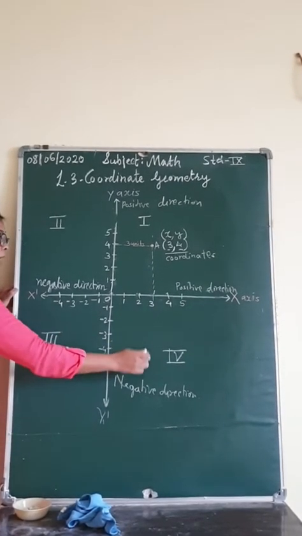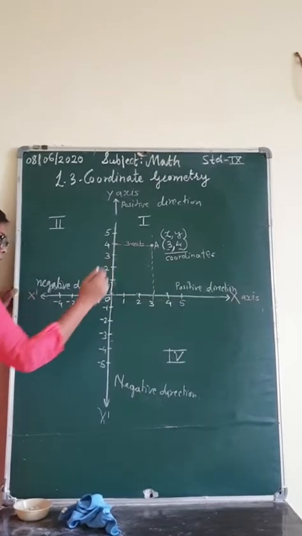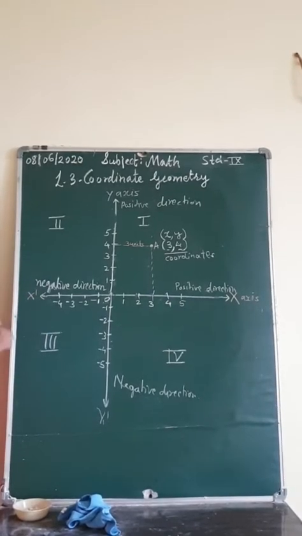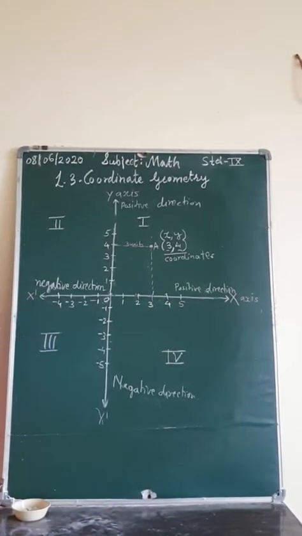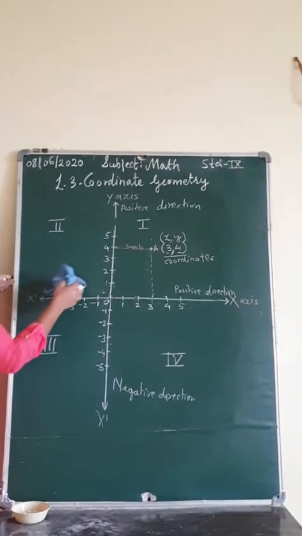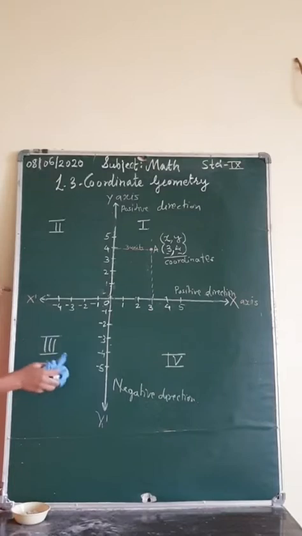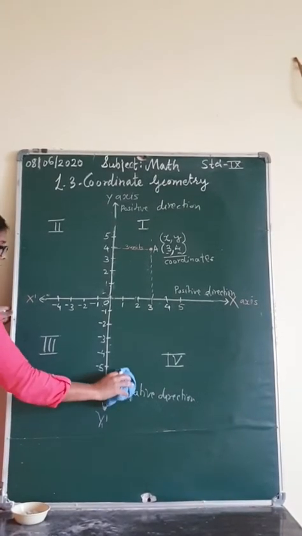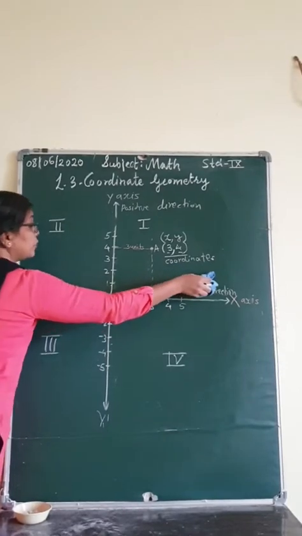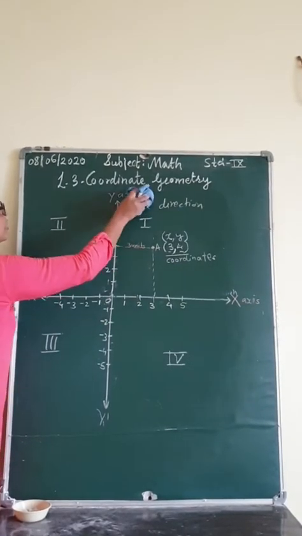And in the fourth part, we have x-axis positive and y-axis negative. So depending on that, if you are asked to write the coordinates of points, you should know their positions and whether they are moving in positive or negative direction.